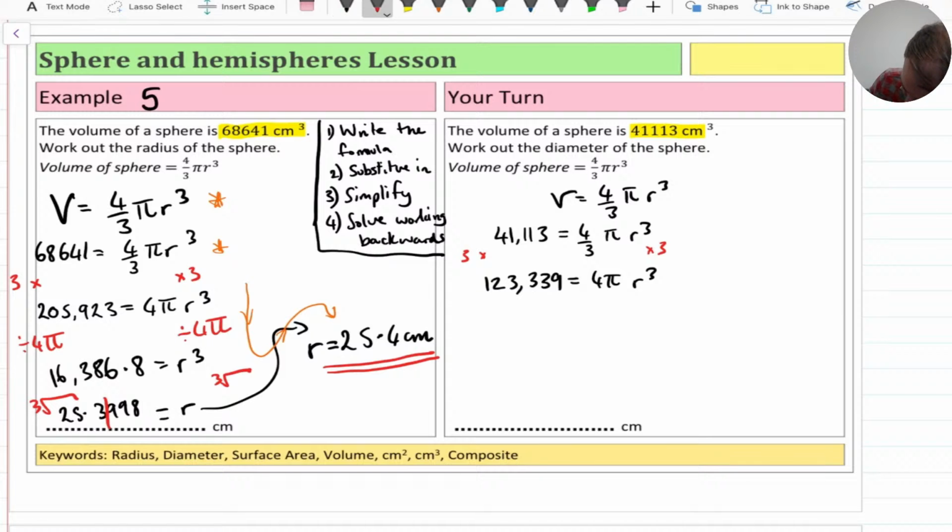We need to divide both sides by 4 pi. So divided by 4, divided by pi, is equal to 9,815.00 is equal to r cubed.